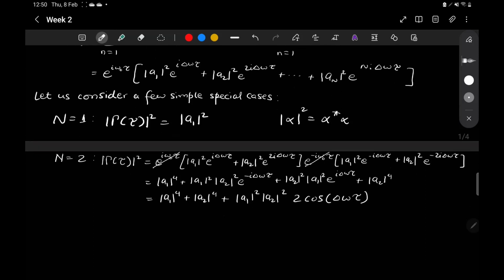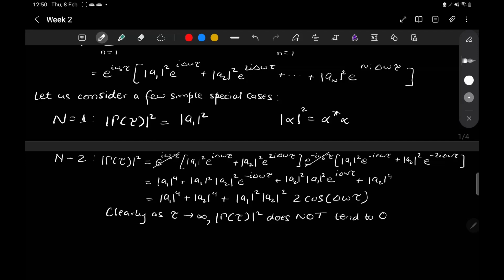Now we can clearly see from this expression that as tau tends to infinity, gamma tau mod squared does not go to 0. Why?